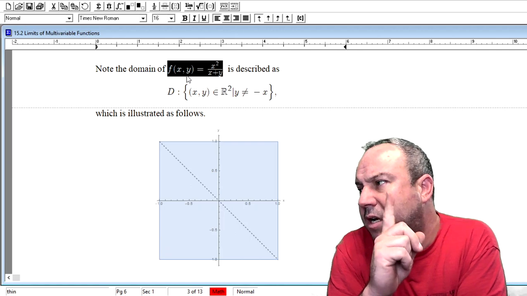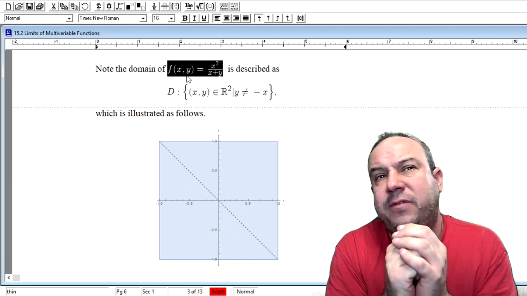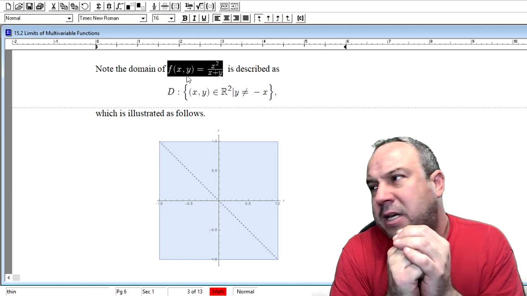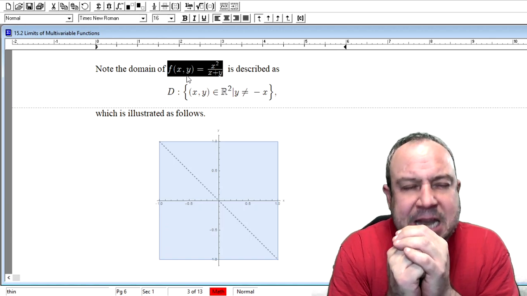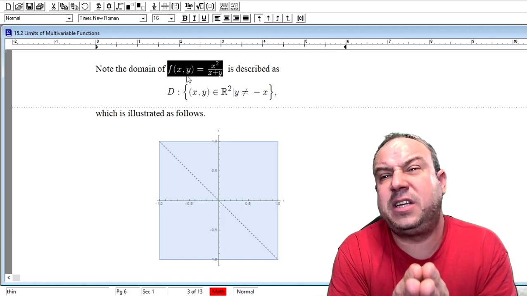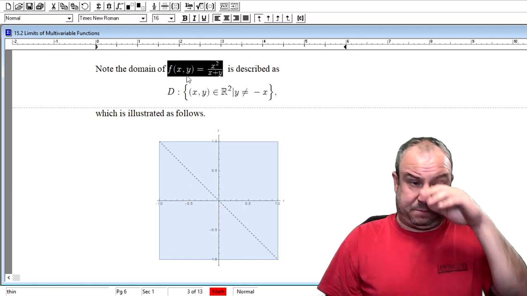From that one bit of information, out of what was actually an infinite number of different approaches, you cannot conclude that your limit here is going to be equal to 0. You cannot say that. That is reasoning inductively, and reasoning inductively does not prove anything is true. It only starts to point in that direction.